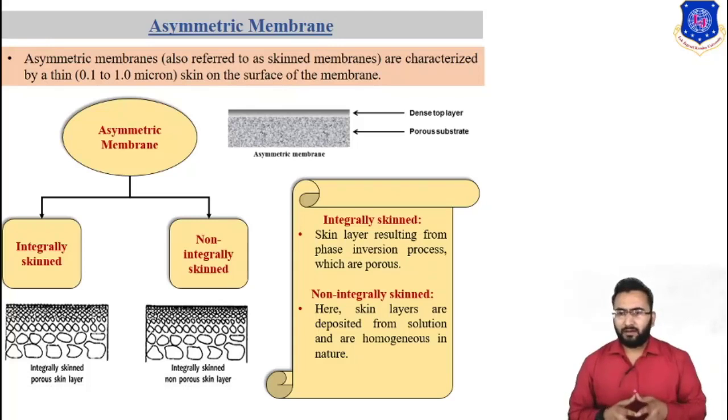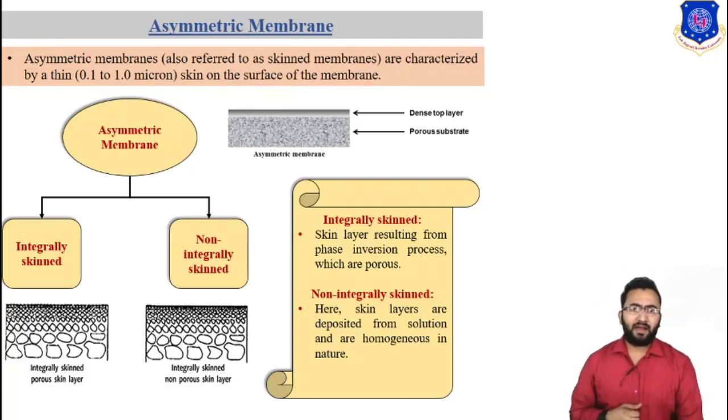Asymmetric membranes are further classified as integral skin membrane and non-integral skin membrane, where in integral skin membrane, the skin layer results from a phase inversion process and is porous, whereas in non-integral skin membrane, the skin layer is deposited from solution and is homogeneous in nature.